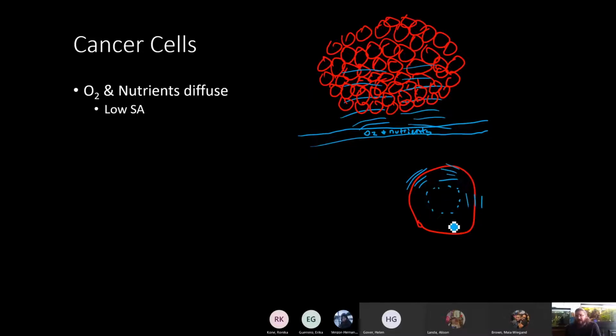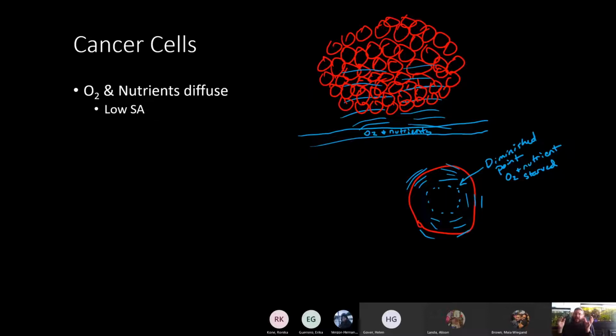So when we're just getting oxygen and nutrients diffusing in, that's like our diminishing returns point. These cells are O2 and nutrient starved. Diffusion just doesn't cut it to get oxygen and nutrients down to those cells.